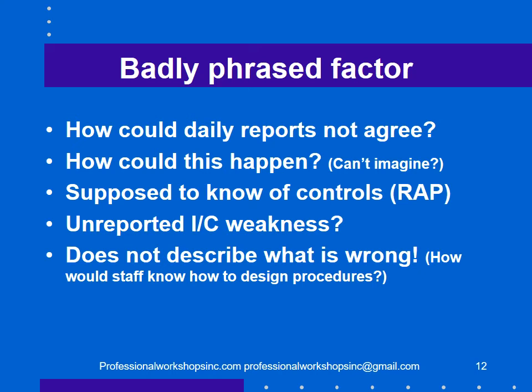If there is something and the client is not reconciling these reports to the cash received, I would say that's an internal control weakness. And if they did that last year, why didn't we report this weakness last year? So the fundamental problem is the risk factor does not describe how it could go wrong. And if you don't describe in your risk factor how it could go wrong, the staff are not going to be able to design procedures to find out whether or not it's wrong.